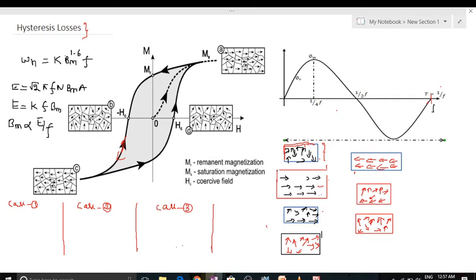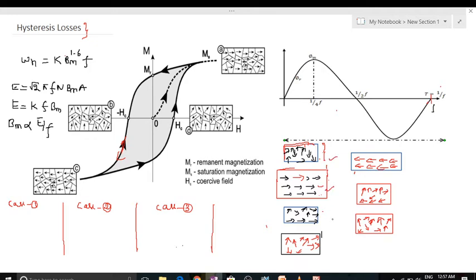If domains are aligned in a particular direction, the area will become more. For example, if all the people are standing in a random direction, the occupied place is less. If all the people are aligned in a particular direction, definitely the area will increase.